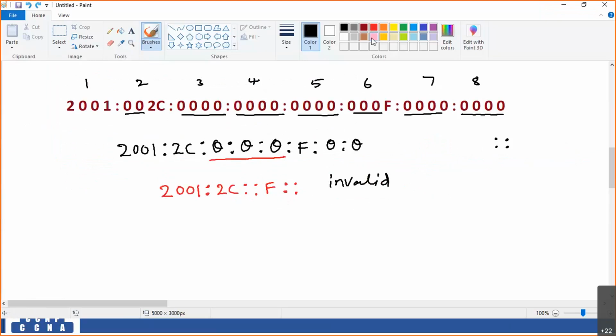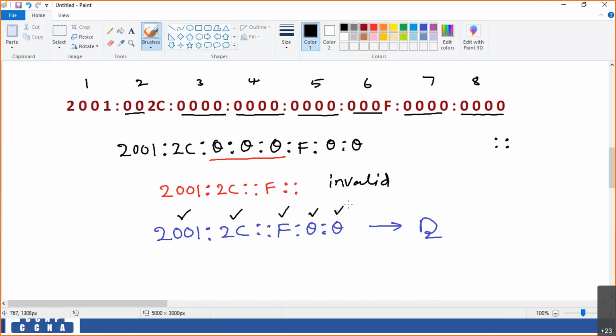So finally, tell me, what will be the valid IPv6 address? 2001 colon 2C colon, double colon, F colon 0 colon 0. Perfect, very good. I have assigned this IPv6 address to a device. Now how will my PC understand? Here we have assigned 1, 2, 3, 4, 5 fields.